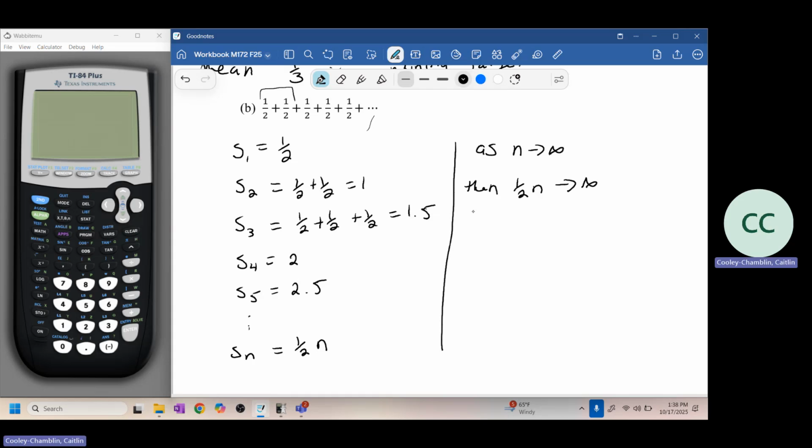So this particular one does not add to a finite number.